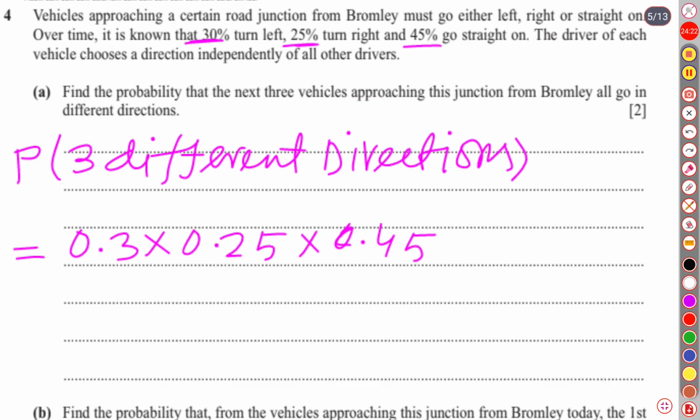Now the crucial point, look at this. How can we be sure that the first one is going left? It may happen that the first one goes straight, or the second one goes left, or the third one goes right. As we don't know the specific direction of any of the vehicles, they can be rearranged in many ways. That's why you will have to multiply by 3 factorial.